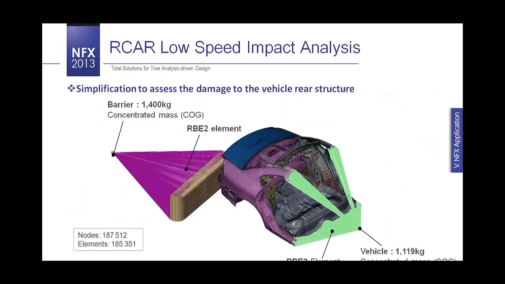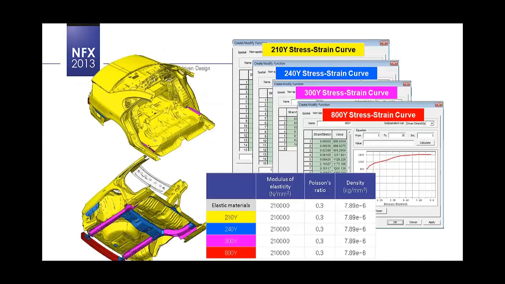And one of the first examples I'd like to show you is the one about the automobile industry. So this is a low-speed impact analysis of a rear part of a car. So it has been done using explicit analysis, and only a part of the vehicle has been modeled, and the other parts have been simulated using the concentrated mass element.